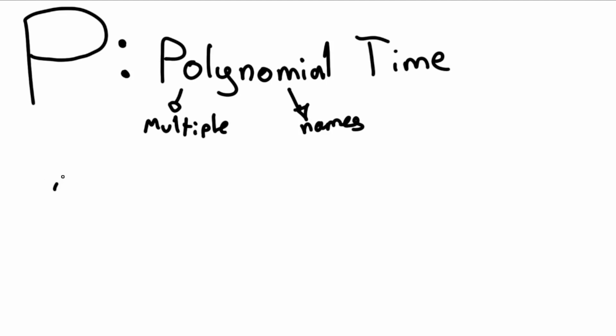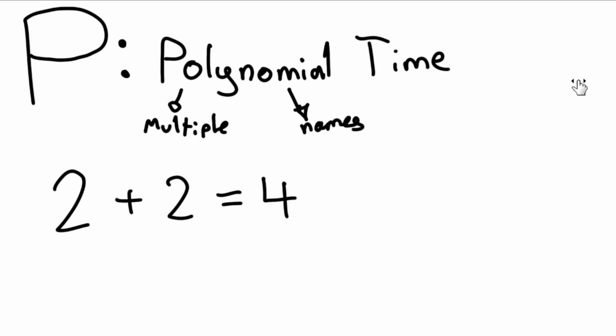For example, 2 plus 2 equals 4. If I told you 2 plus 2 equals 4, you'd agree with me, right? It's an obvious answer that is easy to find.